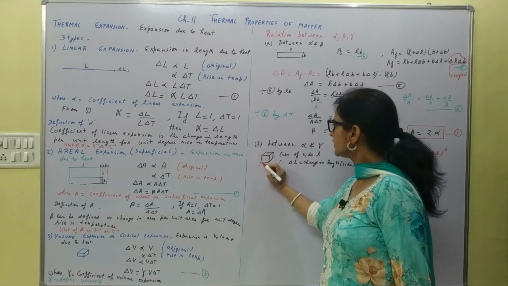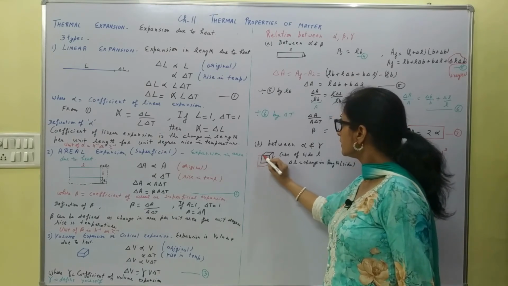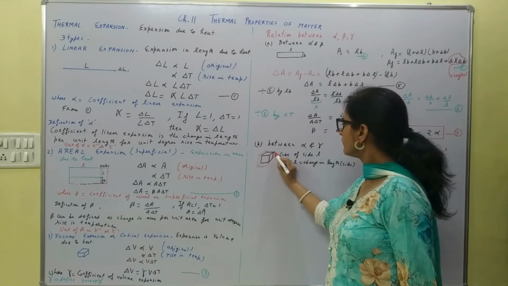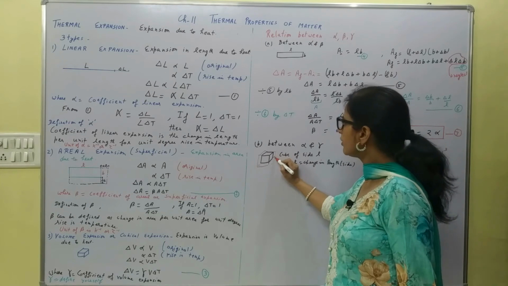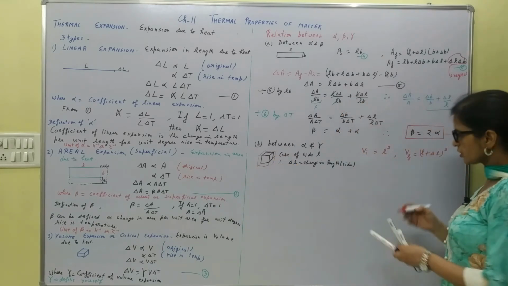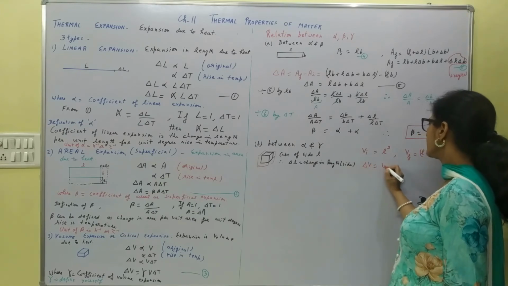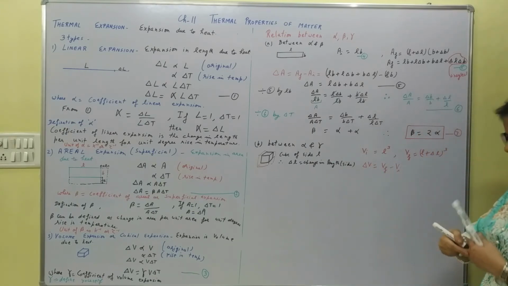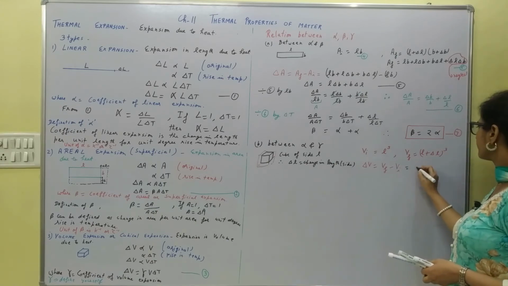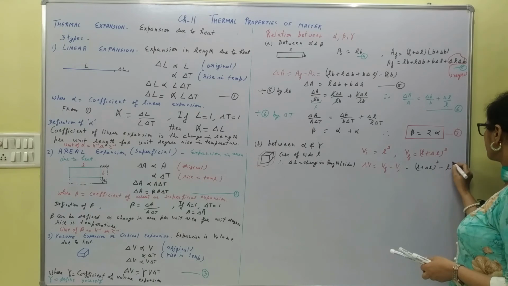So this will be a bigger cube, right? So what will be the change in volume? Change in volume will be final volume minus initial volume. So what will it be? This will be L plus delta L whole cube minus L cube.